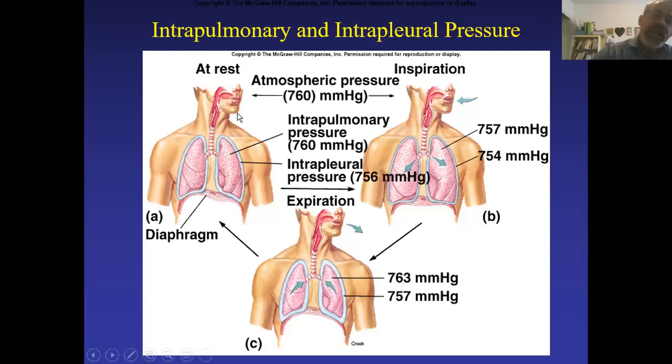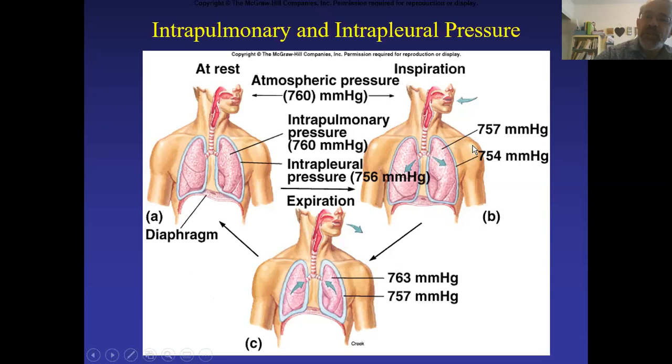We're looking at two main pressures: the outside pressure, the atmospheric pressure, which is 760 millimeters of mercury, and the pressure inside the lungs, the intrapulmonary pressure. At rest, that's the same. We'll talk about intrapleural pressure later, but these two pressures are equal, so there's no net movement of air.